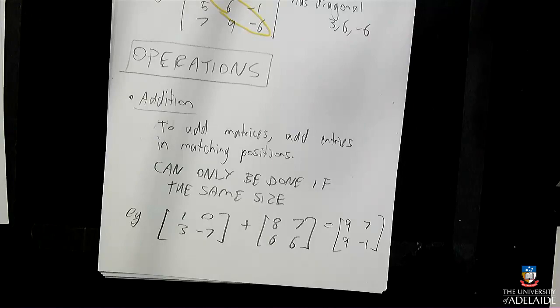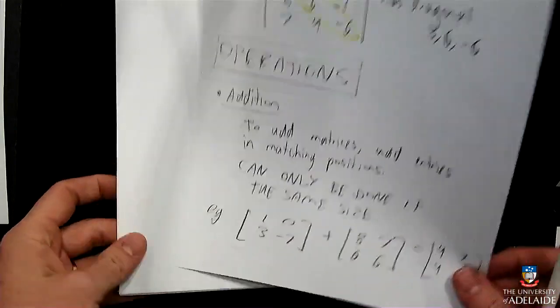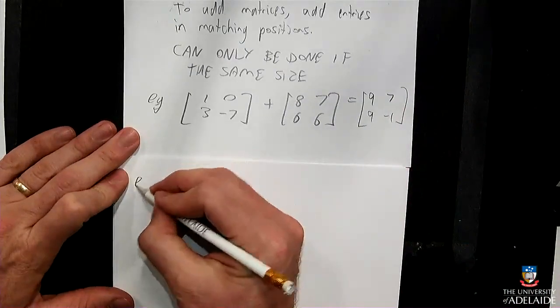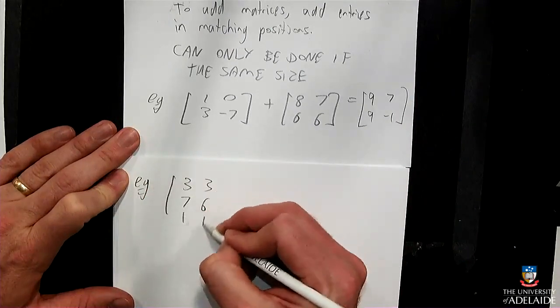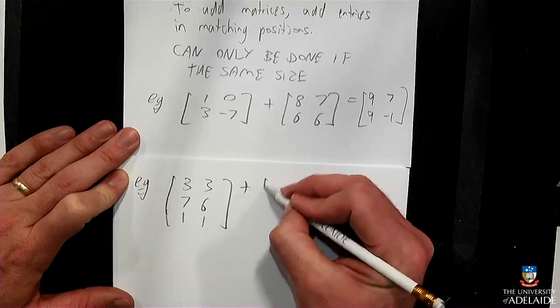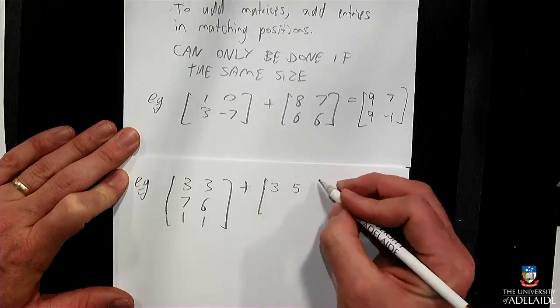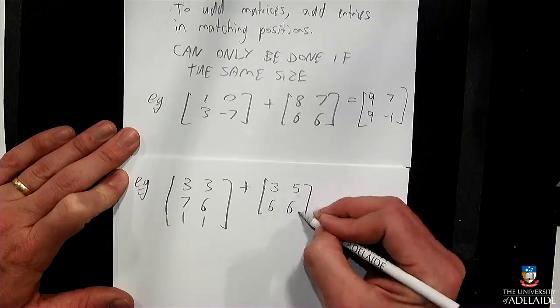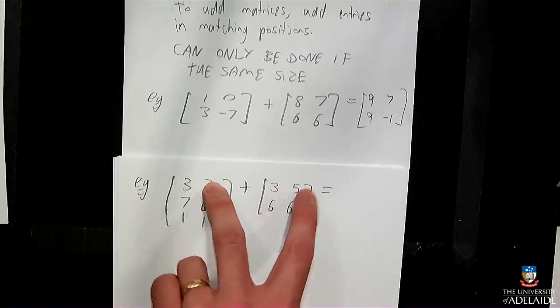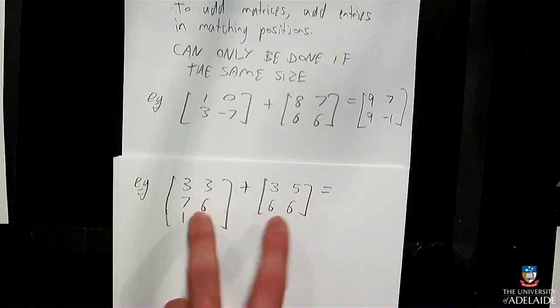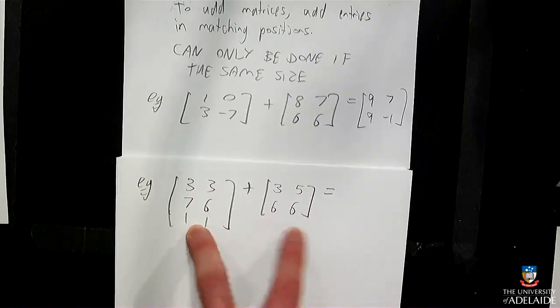But just as another example, this doesn't exist. Because while I can add this to this, and this to this, and this to this, and this to this, I've run out of entries to add to here.